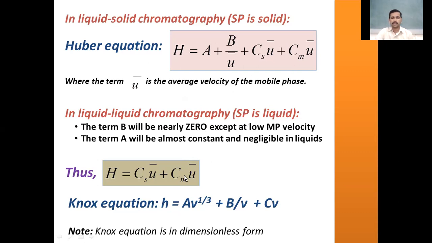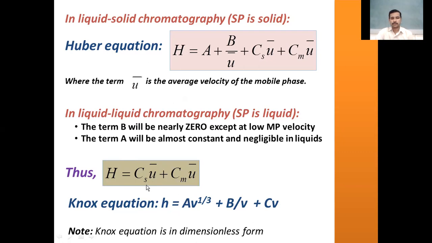So this equation can be rearranged to H is equal to Cs into U bar plus Cm into U bar. So this is another version of the Van Deemter equation, and this is devoted to the liquid-liquid chromatographic separation process.